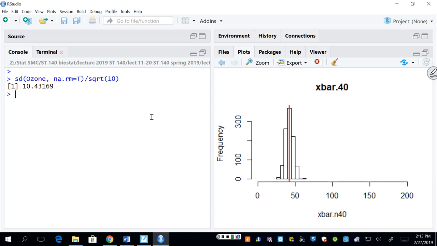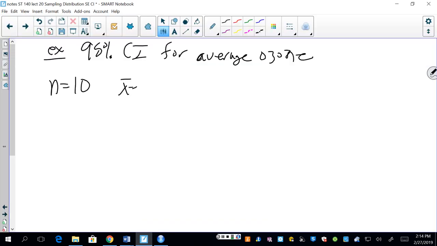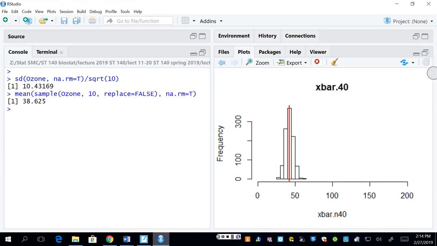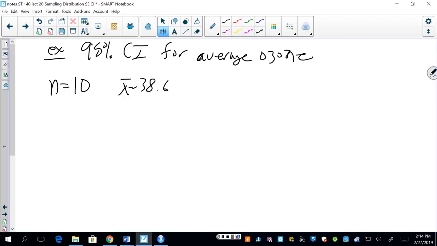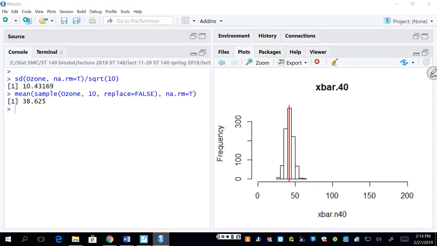And let's take a sample from ozone of size 10, replacement equals false, so it's a simple random sample without repeating values. I get an average of 38.6. So X bar in my sample is 38.6. The standard error that I'm going to use right now is reported as 10.4.